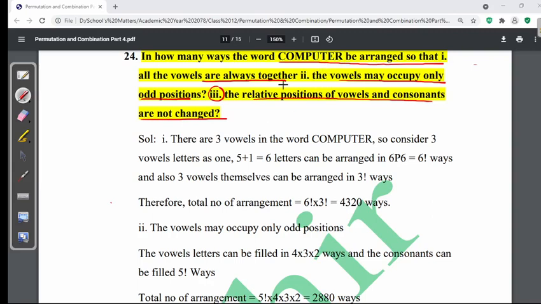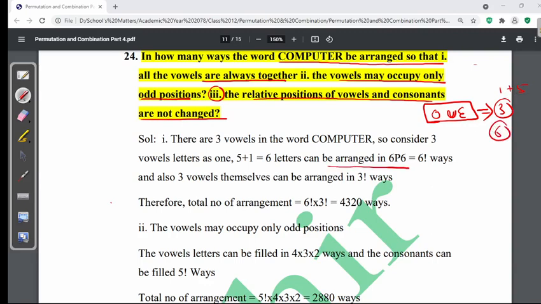And the first condition is all vowels are together. What are the vowels? O, E, U. Three vowels are there, all different. Right? If the three vowels are considered as one, then with the other five letters, in total six letters are there.